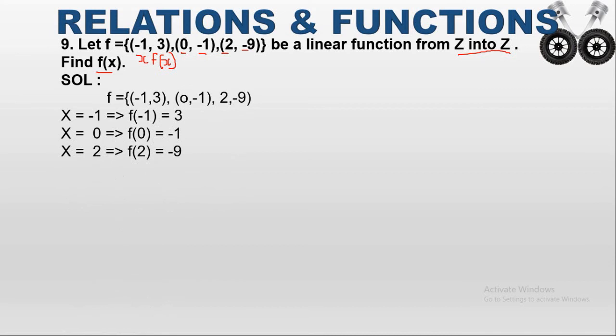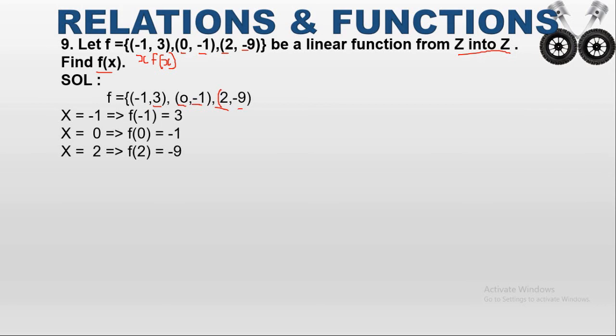So that is given in the problem. Next, if x is equal to minus 1, then f of minus 1 equals 3. If x is equal to 0, then f of 0 equals minus 1. If x is equal to 2, then f of 2 is equal to minus 9. That is also given.